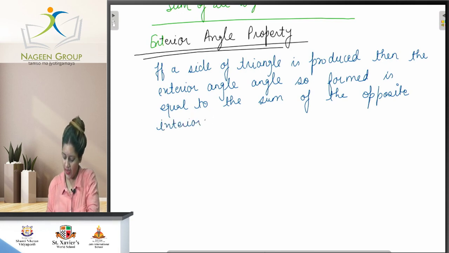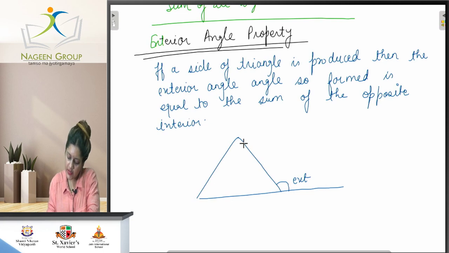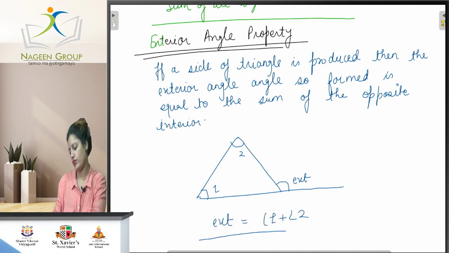Means if we make a diagram of it, like this is a triangle, so this exterior angle is the sum of the two interior opposite angles. Means exterior angle is equal to angle 1 plus angle 2.